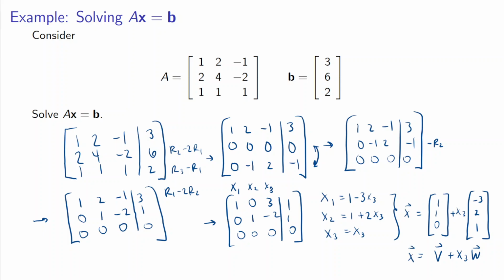So our solutions are of the form v plus some scalar times w. That is going to ultimately be a line in 3 dimensions. All the vectors, if we connect their endpoints, would end up with a line in 3 dimensions.